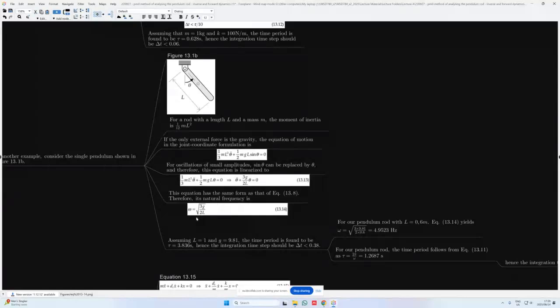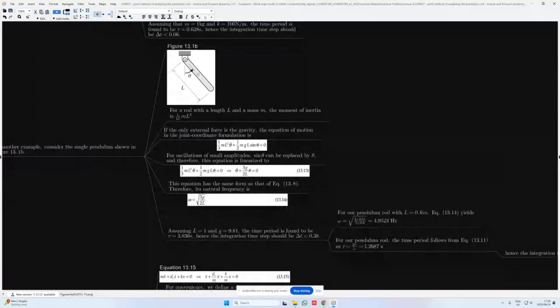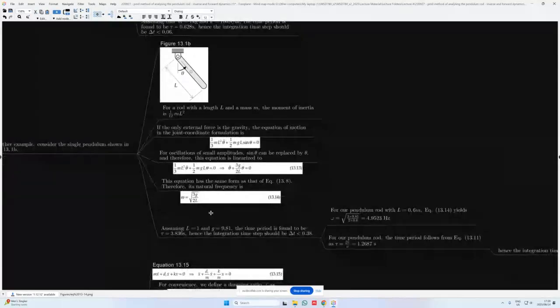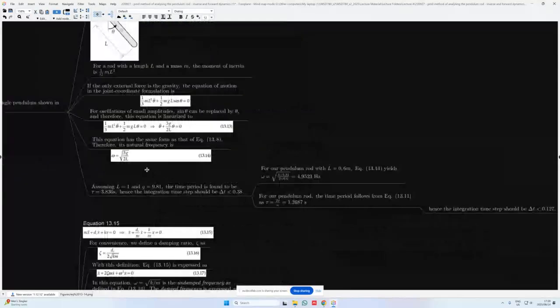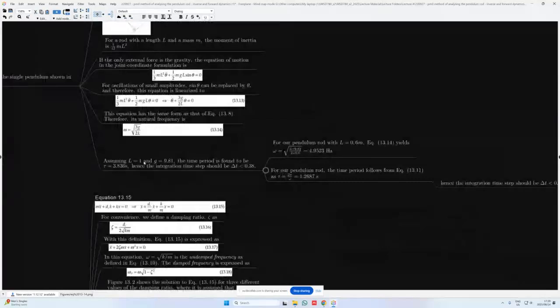In this case, omega will then be the square root of 3g over 2L. If we once again assume some values for the pendulum rod, L equal to 1, g equal to 9.81, the time period is found to be 3.836 seconds. So therefore, our integration time step should be smaller than 1/10 of this value, so that is smaller than 0.38 seconds.